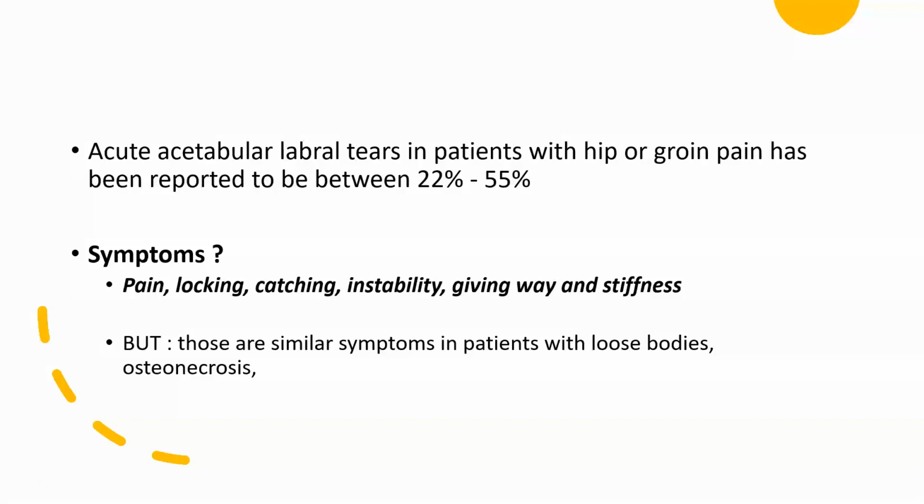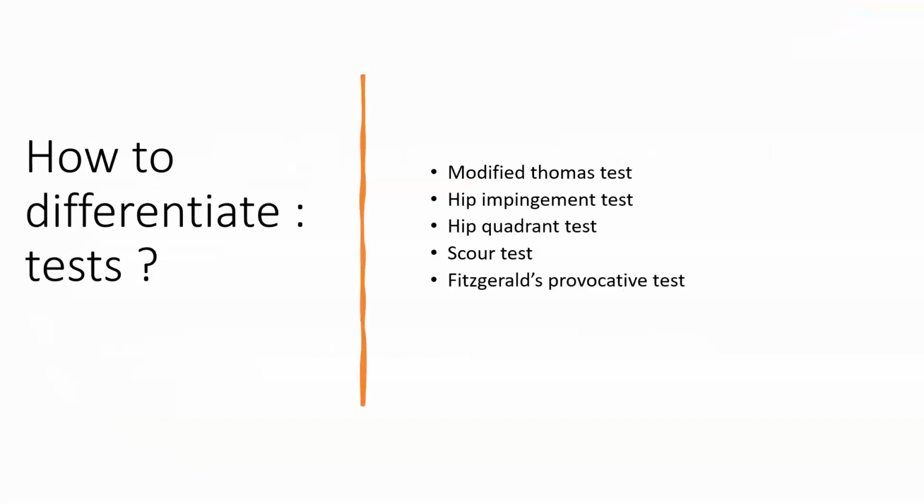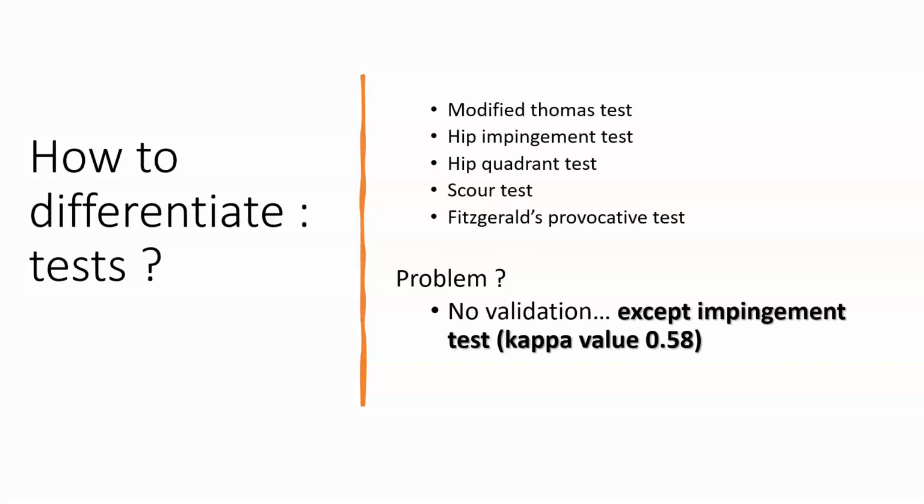So I come back to the question, which tests can we use? And in this article they studied some popular tests, but we have one big problem. All those tests seem to have a very poor reliability, except the impingement test, which has a kappa value of 0.58, which is also not so spectacularly good.